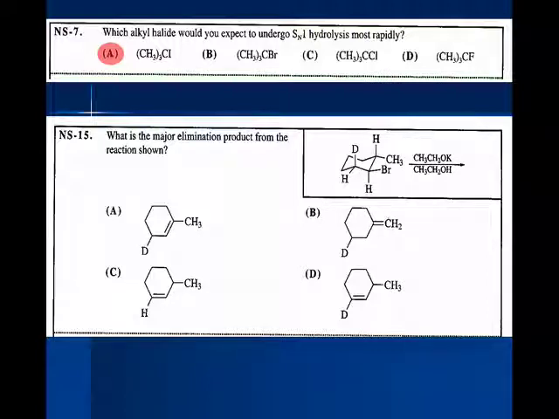What is the major product from the elimination reaction shown here? First and foremost, you need to ask yourself, what kind of elimination is this going to be, E1 or E2?